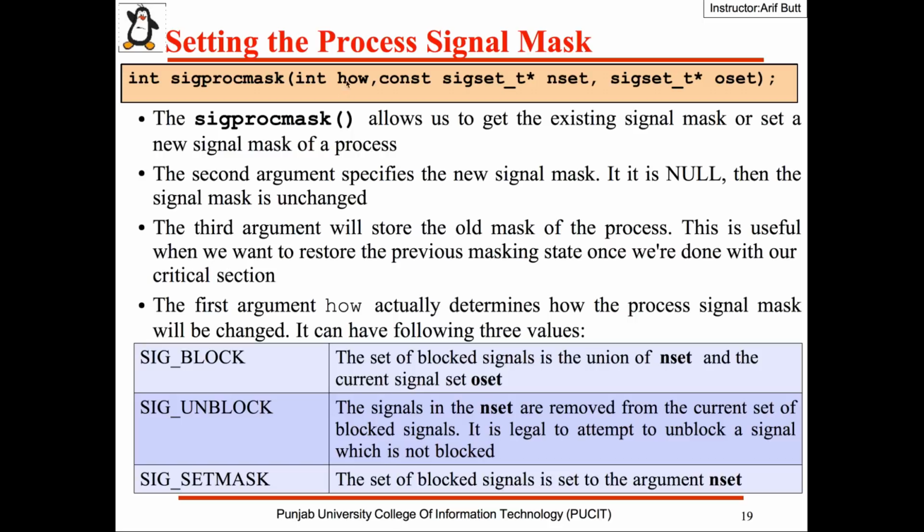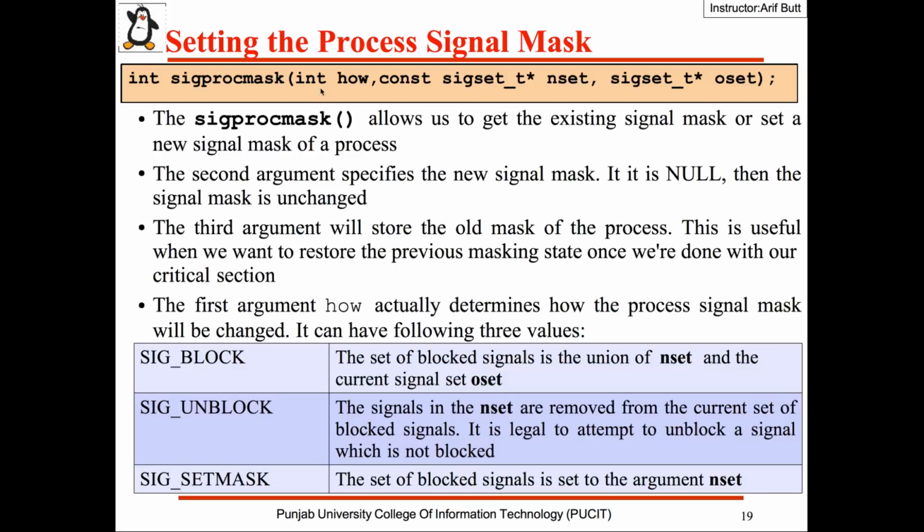Well, this first argument, how, actually determines how the process signal mask will be changed. It can have these three values: SIG_BLOCK, SIG_UNBLOCK, and SIG_SETMASK. If you use SIG_BLOCK at this place, the set of blocked signals is the union of the new set and the old set.